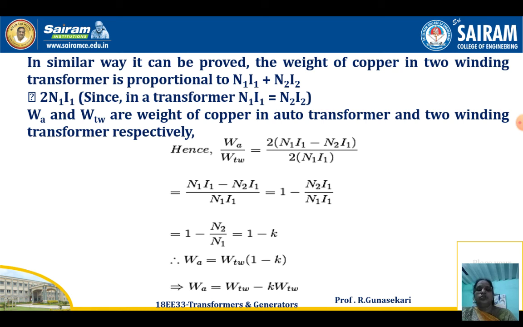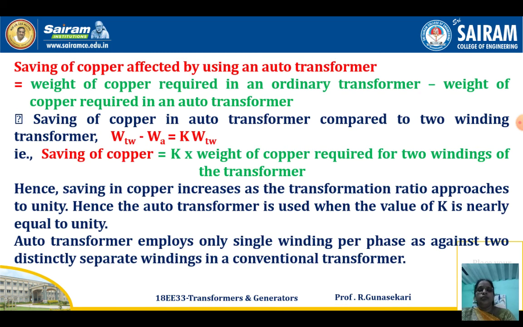Substituting the formula, WA by WTW equals (2N1 I1 minus 2N2 I1) divided by 2N1 I1. After simplifying, WA is equal to WTW into (1 minus K), so WA is equal to WTW minus K into WTW.